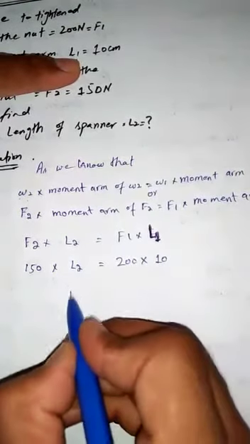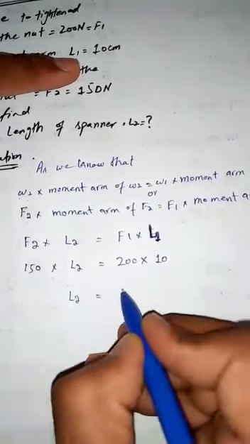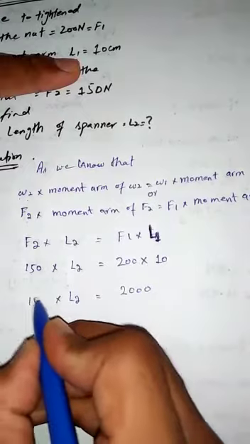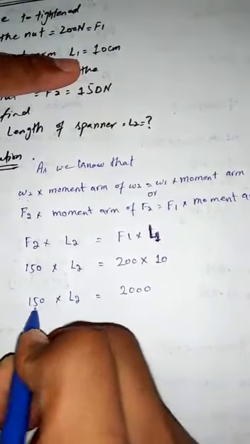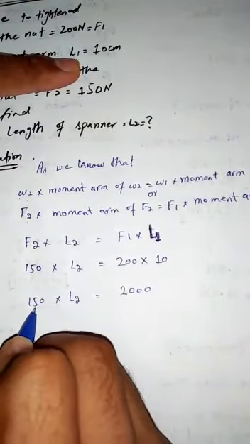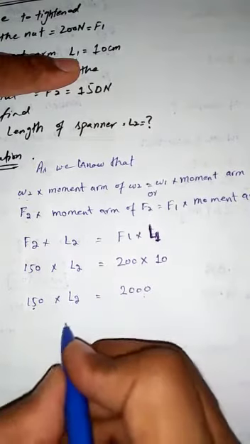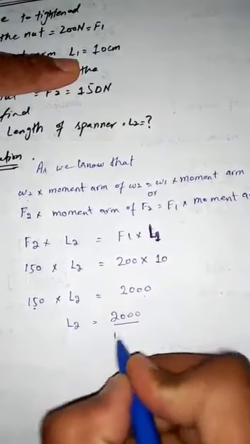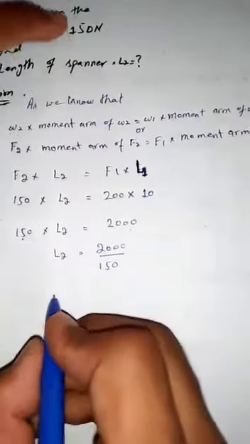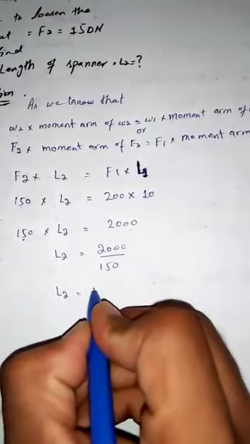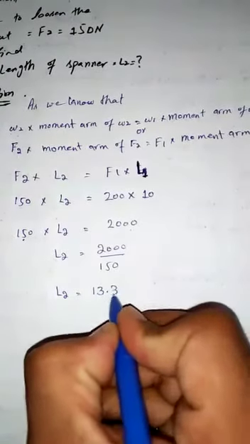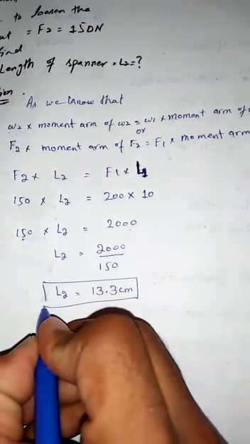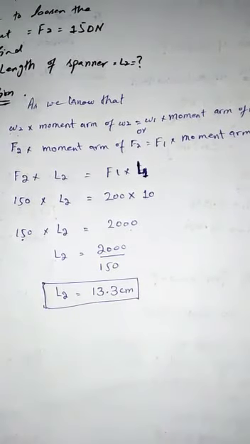That will become 2000 over 150. The 150 here is multiplication, and we take it to the other side where it will be divided. The answer is 13.3 centimeter, and that is the length of the spanner by which we loosen the nut.